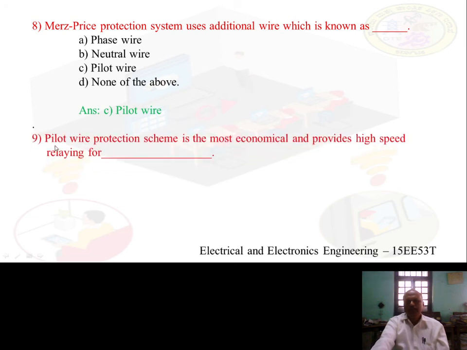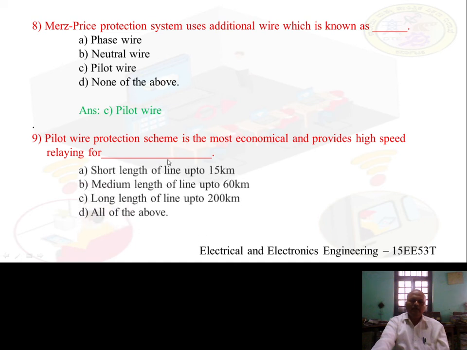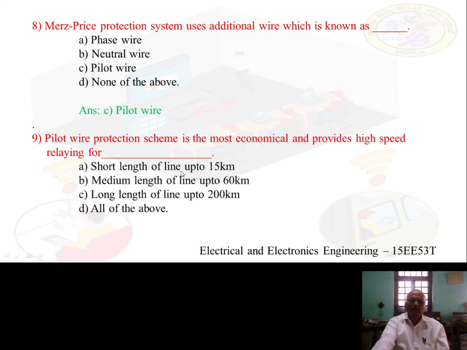Pilot wire protection scheme is the most economical and provides high speed relaying for dash. Your options are A. Short length of line up to 15 kilometer, B. Medium length of line up to 60 kilometer, C. Long length of line up to 200 kilometer, D. All of the above.